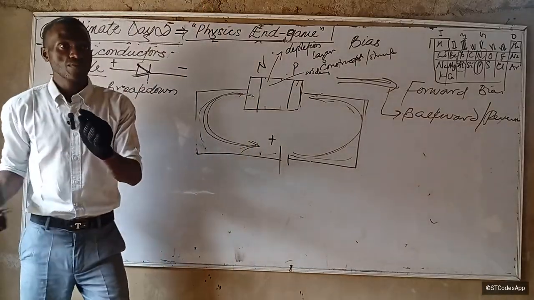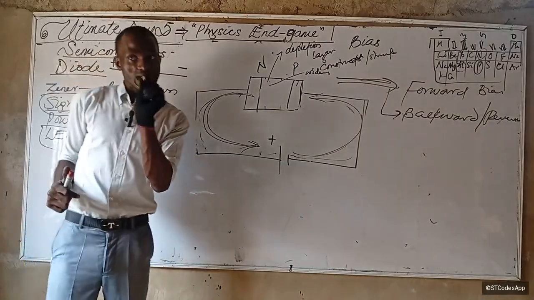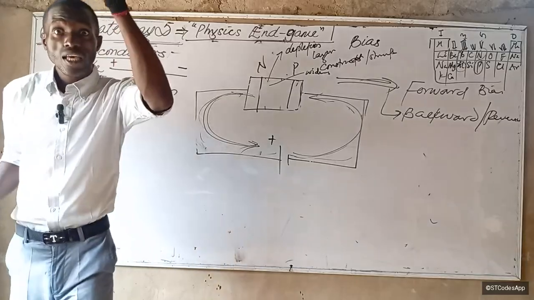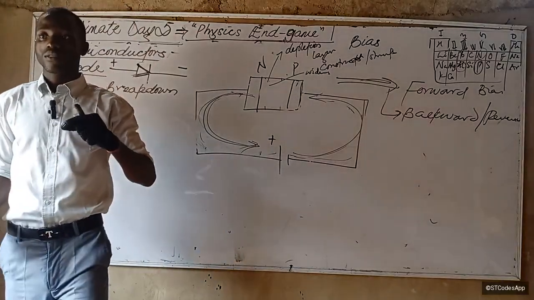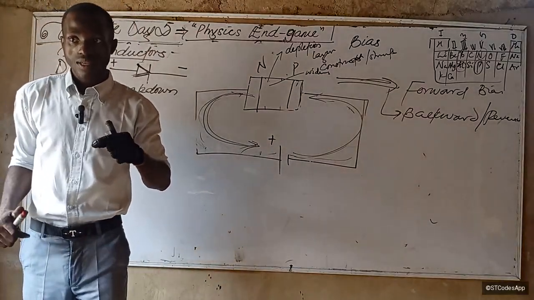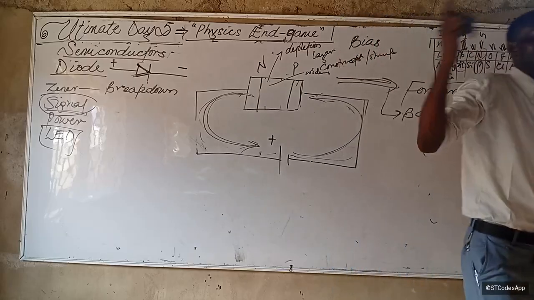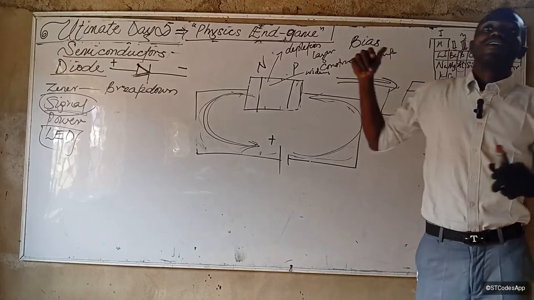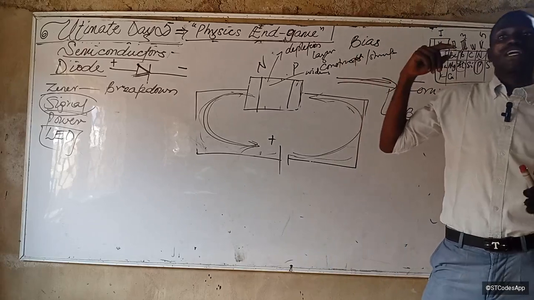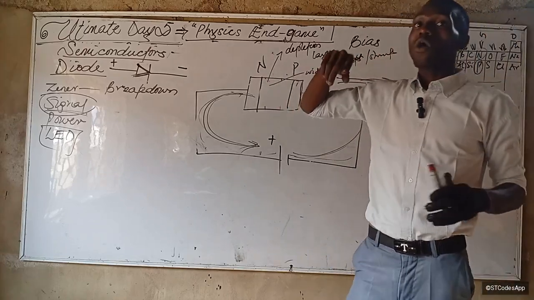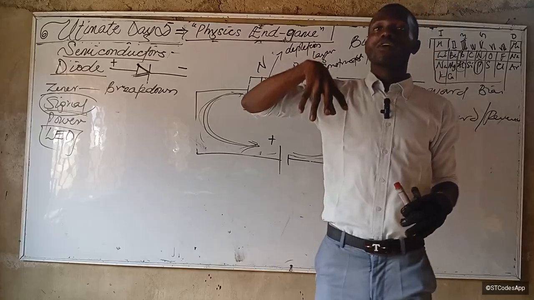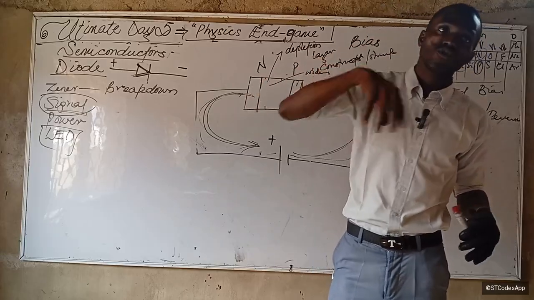So it means that you can use a diode to convert AC to what? Does that make sense? Yes, sir. Before, we have seen in generators that you can use something to convert AC to DC. What did we say you can use in AC generators or AC motor? What do you use to convert an AC generator to a DC generator?